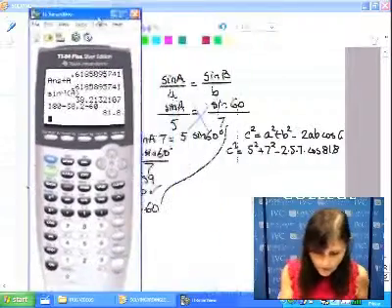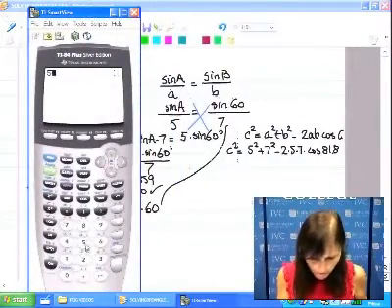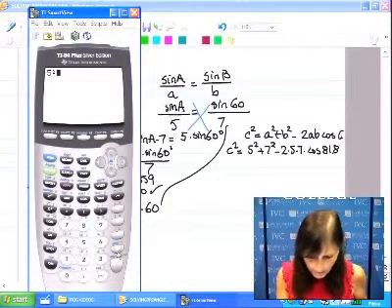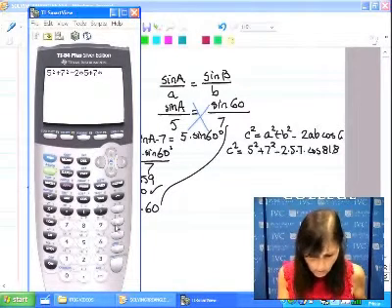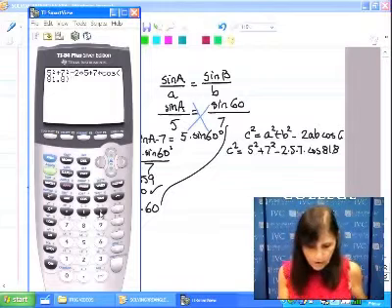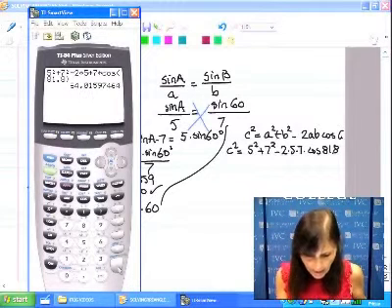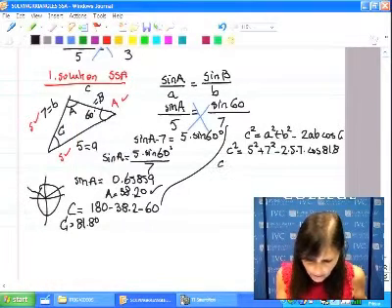Let's move this to the left. So I will have 5 squared plus 7 squared minus 2 times 5 times 7 times cosine of 81.8. And you can store it and you can recall it if you want. And you take the square root of that, and that will give me c of about 8.